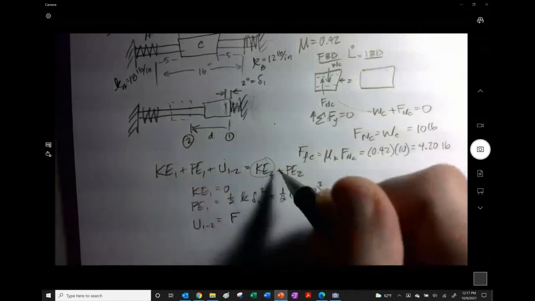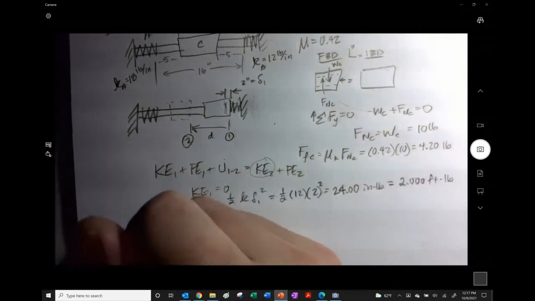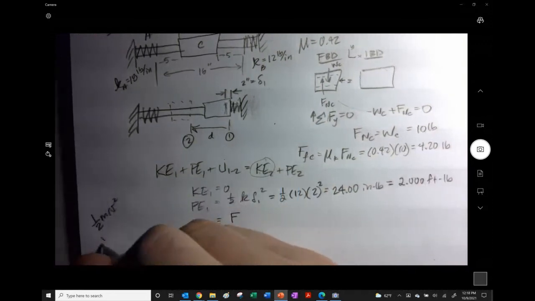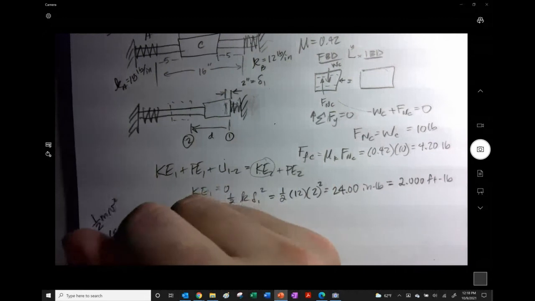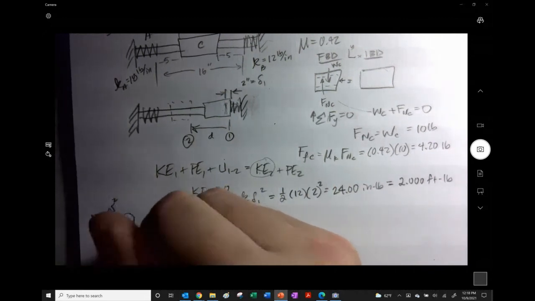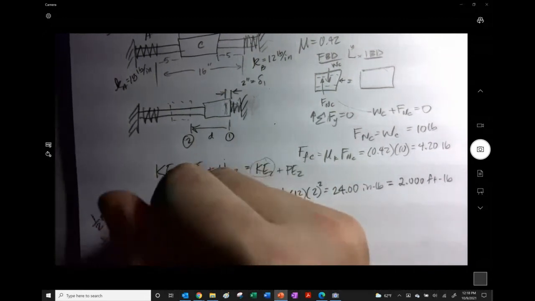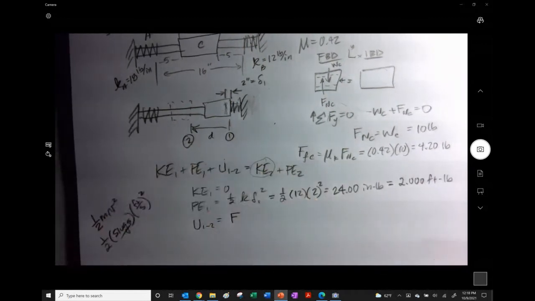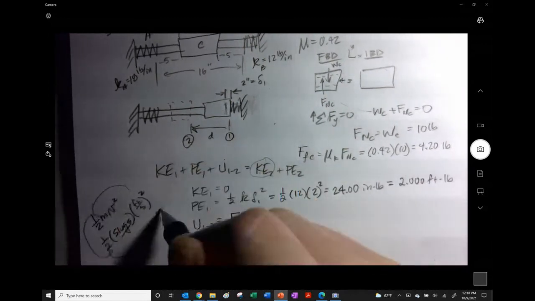When we go to kinetic energy, 1/2 mv squared, then we have to use slugs times feet over second squared, right?